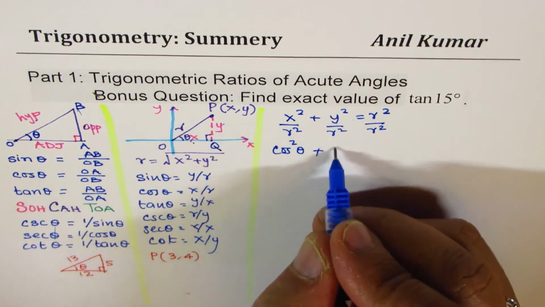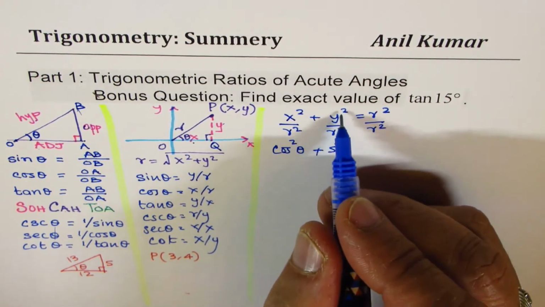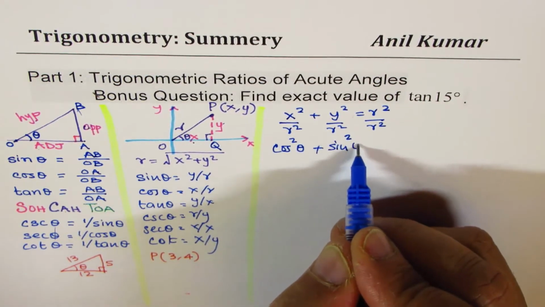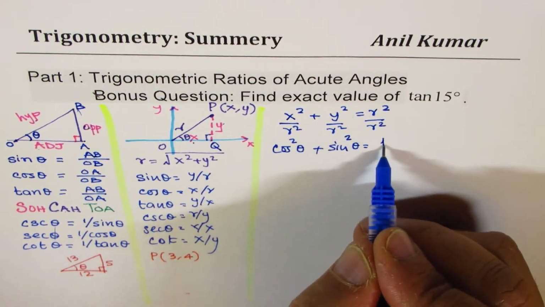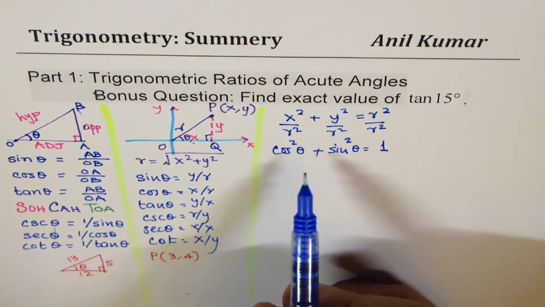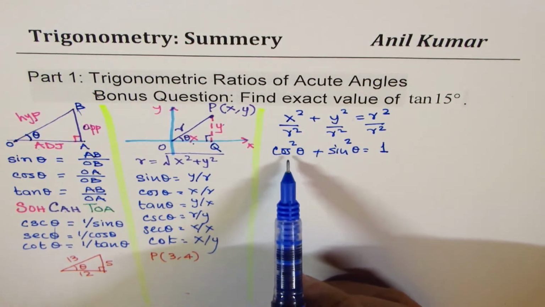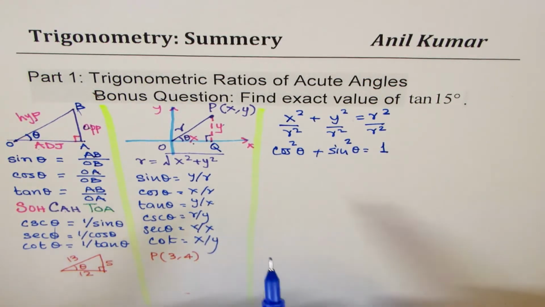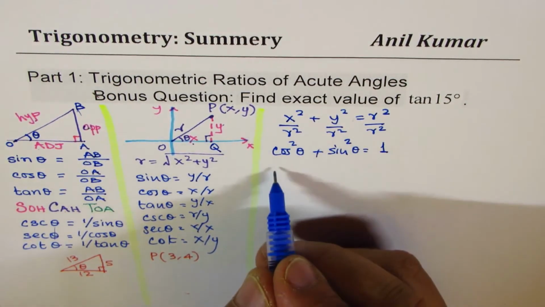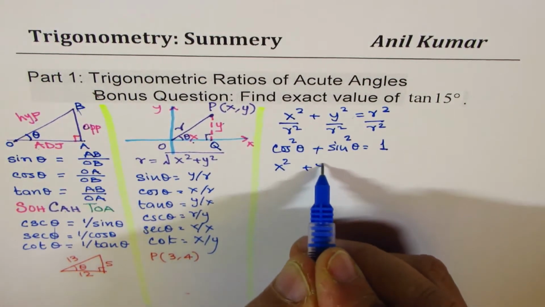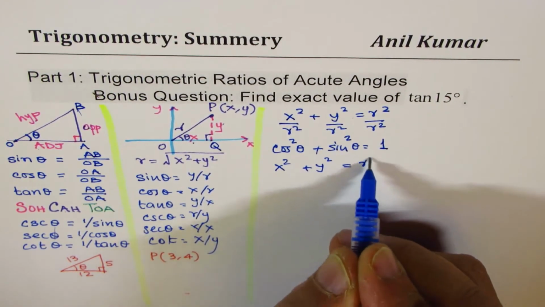Y over r is sine theta, so I could write this as y square over r square as sine square theta, and r square over r square is 1. So we get a ratio which relates cos and sine. So the sum of squares of cosine and sine is 1. Do you get it?